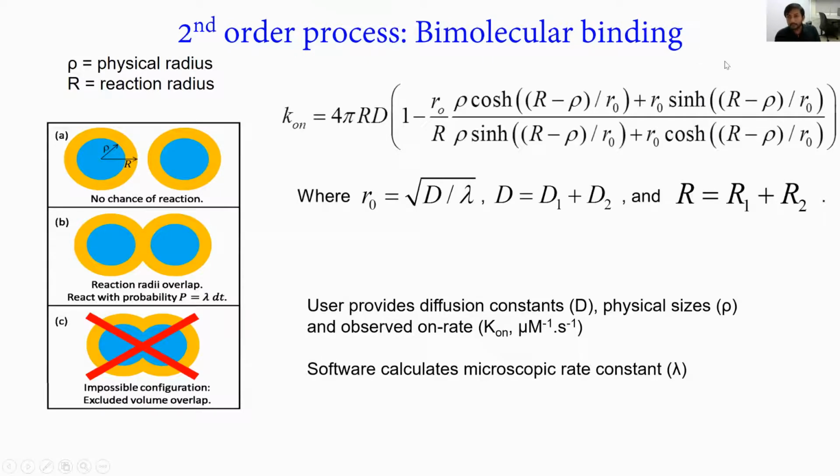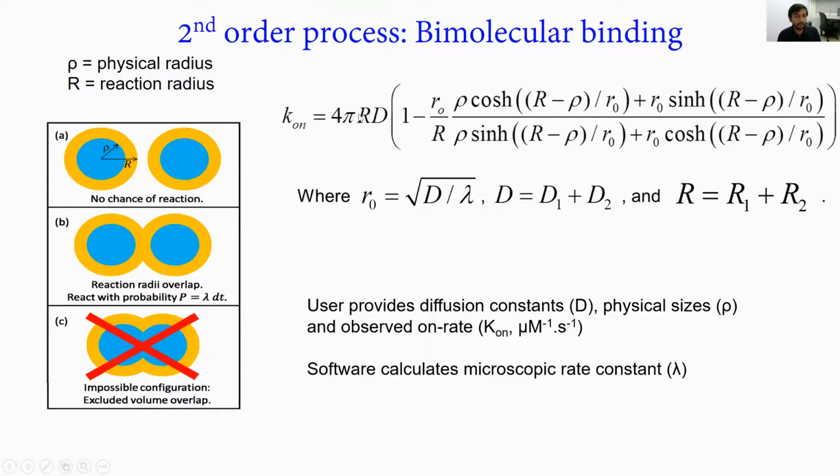Now we have this beautiful mathematical equation here. The users need to provide a diffusion constant, which is D, the physical size, which is rho, and the macroscopic on rate or the observed on rate, which people determine experimentally in units of 1 over micromolar times second. That would be our K on. So if you look at the equation, you can set the K on here, you can set the D, and you can set the R as well.